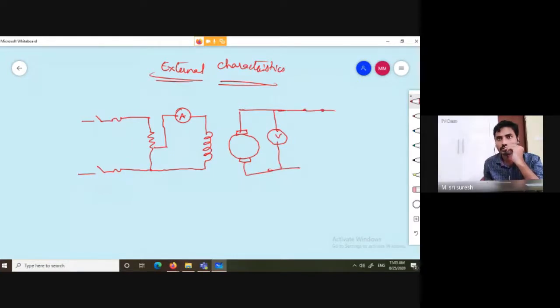Load is connected to the circuit. That means the switch should be in a closed condition.